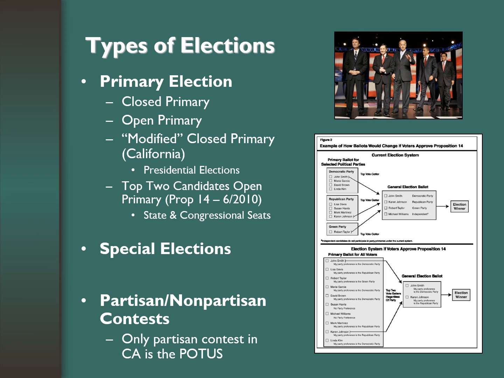And so, because the open primary was deemed unconstitutional, we now have in California what's called the modified closed primary, and this only applies to presidential elections today. And so why is it modified? It's modified because it still remains a closed primary, okay? Meaning that you can only vote for the presidential candidate that you have an affiliation with in terms of the political party.